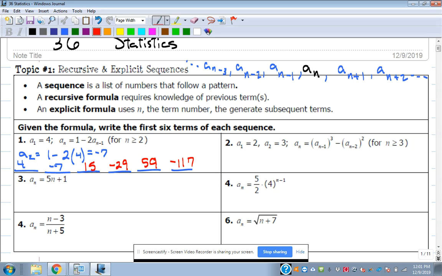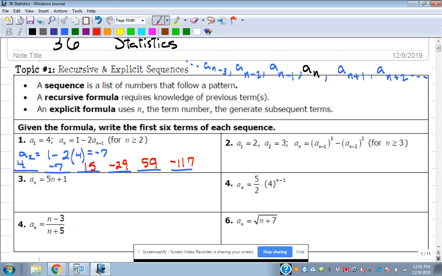So to find the third term, you're going to plug in a sub n minus 1. Which one of these, 2 or 3, is the previous term, a sub n minus 1? We're trying to find the third term. The a sub n minus 1 would be the second term. So the second term is the 3, and then a sub n minus 2 would be the 2.